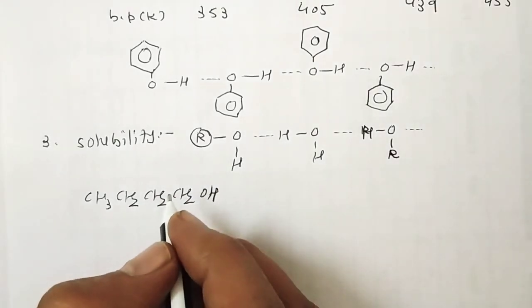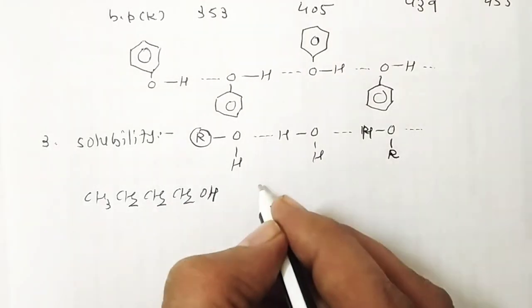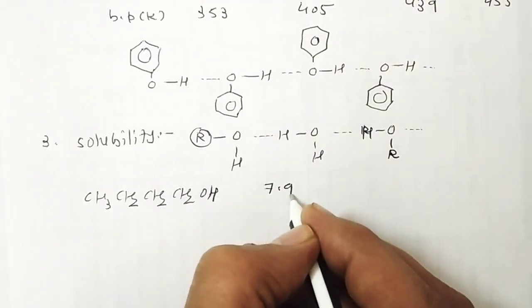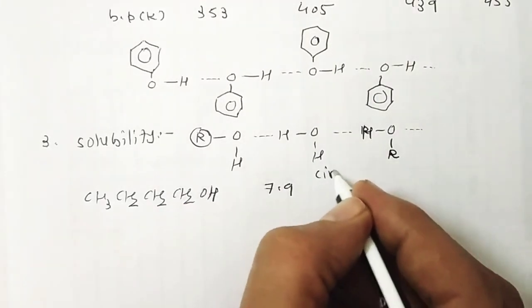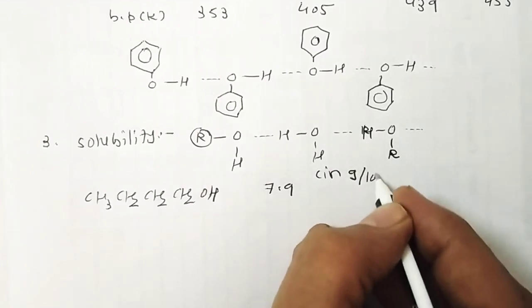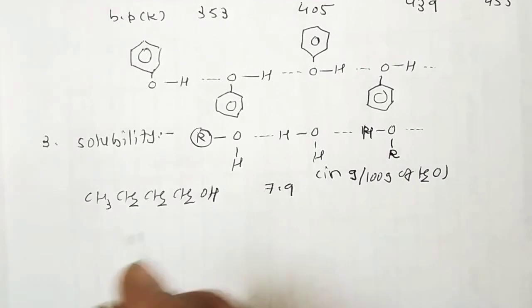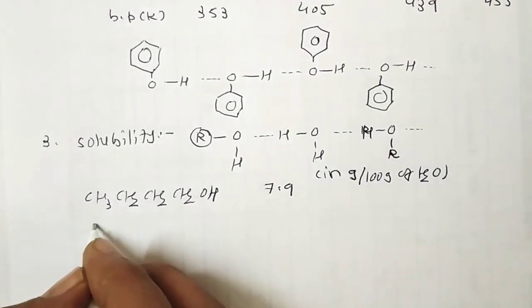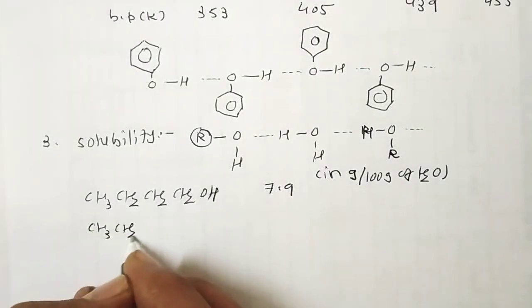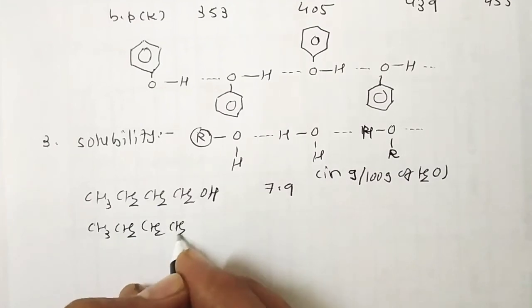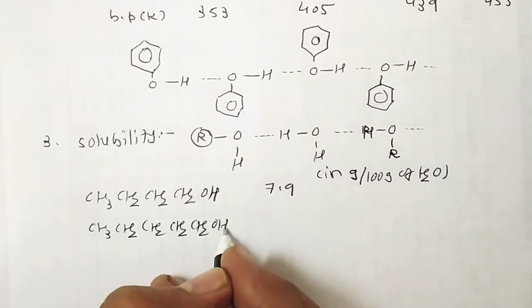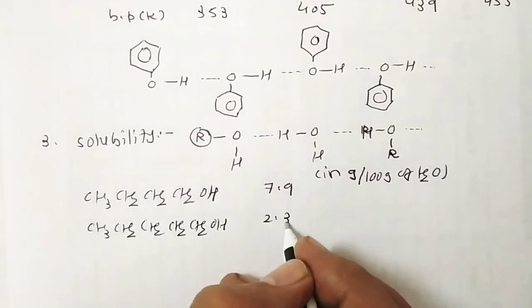It's a primary alcohol. The solubility is almost 7.9, in gram per 100 gram of water. But normal pentyl alcohol, CH3, CH2, CH2, CH2, CH2, OH, decreases to 2.3.